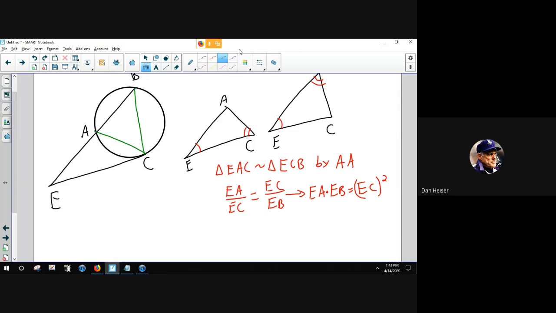So, to put this into words, it's the same as before, outside times whole, but notice with the tangent, the outside is the whole. On one side, we have two separate measurements. On the other side, we have the same measurement twice. That is our third and final property.